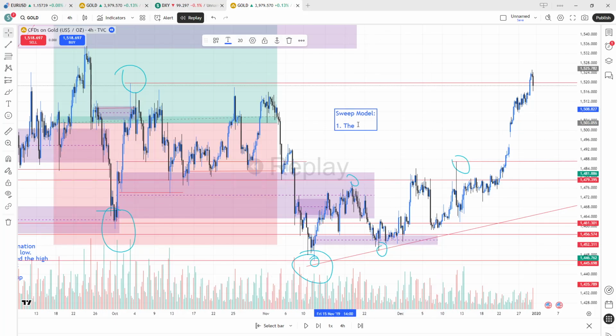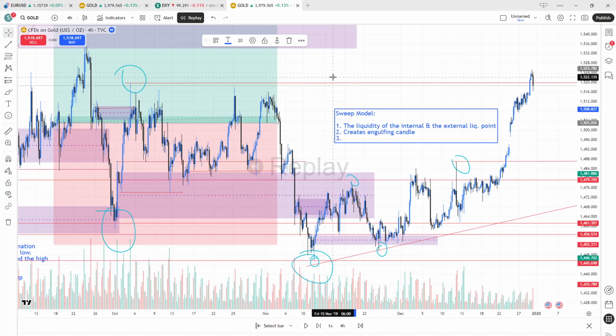So the liquidity of the internal and the external point, create engulfing candle, right? Then the third thing is price comes back to retest the area for the full on move.